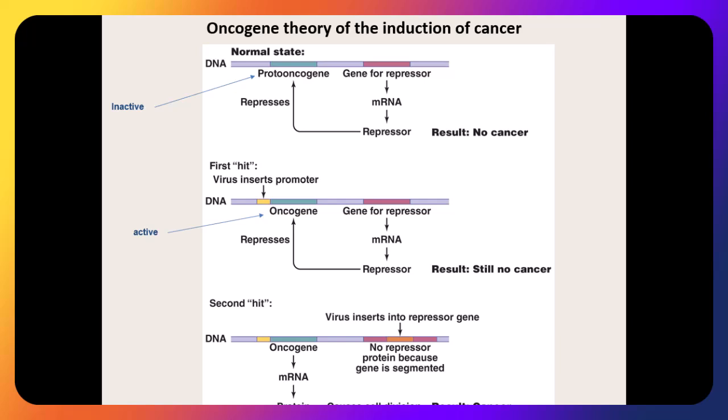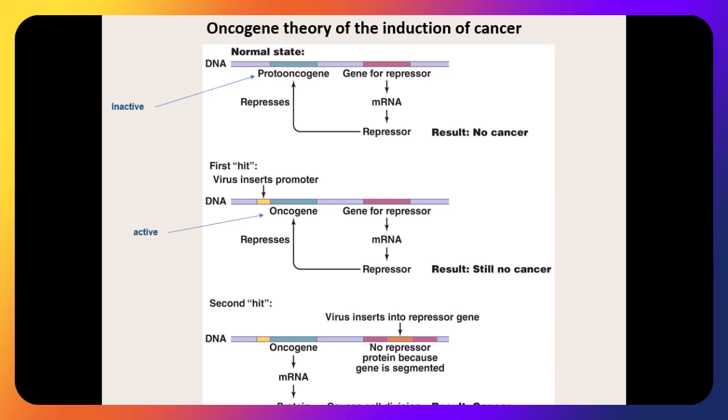Sad faces for cell division, smiley faces for not cell division. So a proto-oncogene, is this going to cause the cells to divide? No. It's not doing anything yet. Nothing's telling the cells to divide. Again, it's got the information, but it's not active yet, so we call it a proto-oncogene.